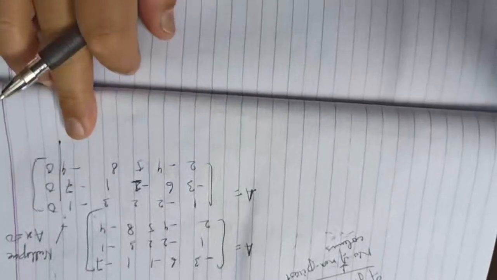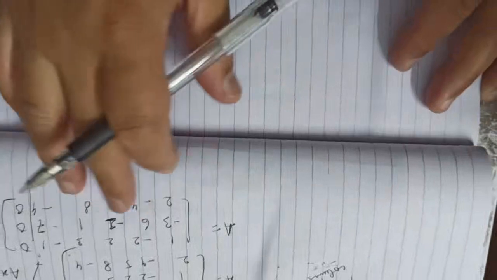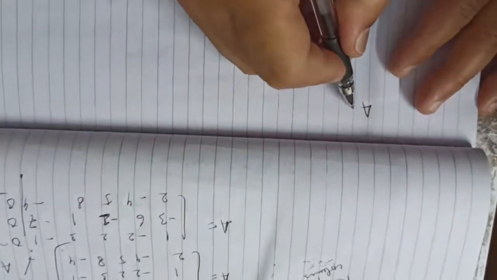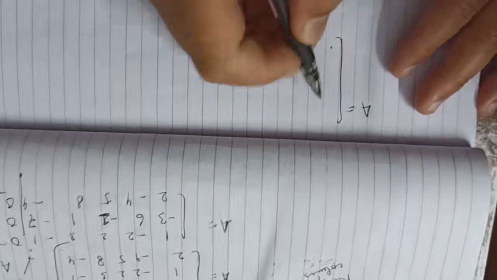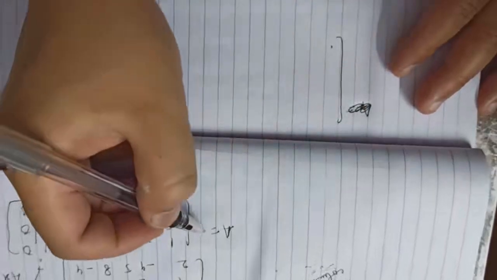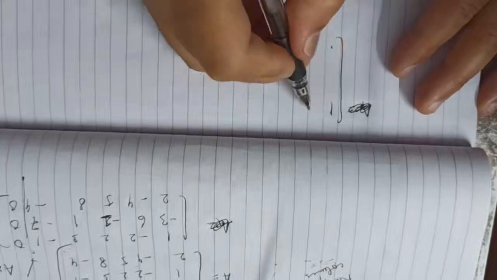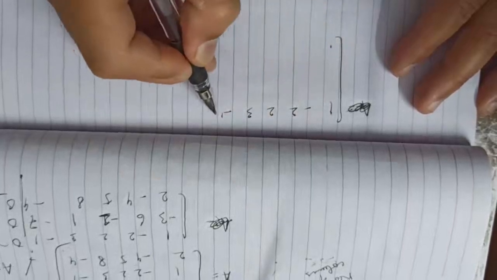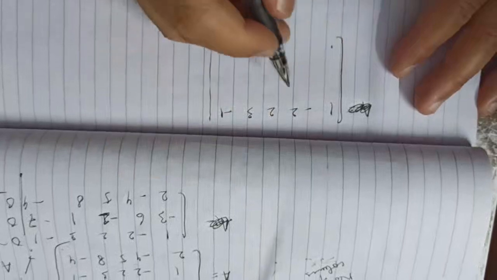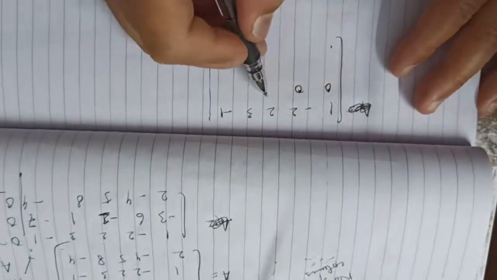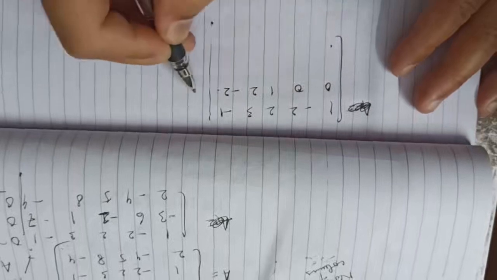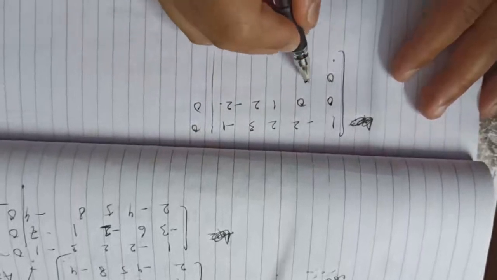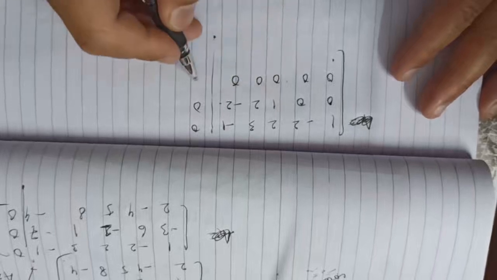Now when you row reduce that matrix, you get 1, -2, 2, 3, -1, 0, then 0, 0, 1, 2, -2, 0, and then 0, 0, 0, 0, 0, and 0.